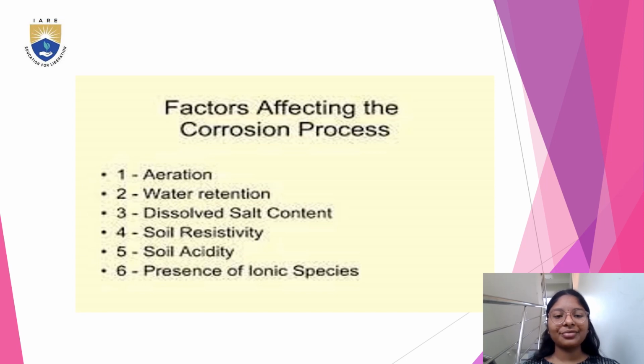First is aeration, as we discussed about aeration. Second, water retention. And third, dissolved salt content, soil resistivity, soil acidity, and presence of ionic species. So these are the 6 factors that are affecting the corrosion process.